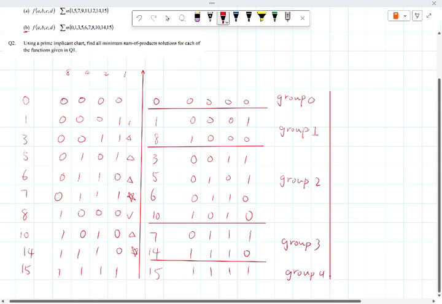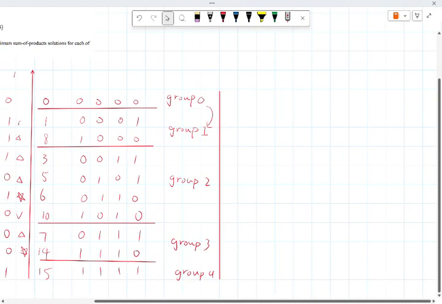And we're going to compare. All right, compare group 0 with group 1. Remember, if they are matched, you just tick them and write the result. So we're going to compare 0, 0, 0, 0 with 0, 0, 0, 1. That's 0, 0, 0, x, and the location is 0 and 1.